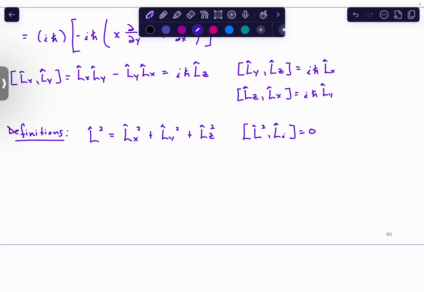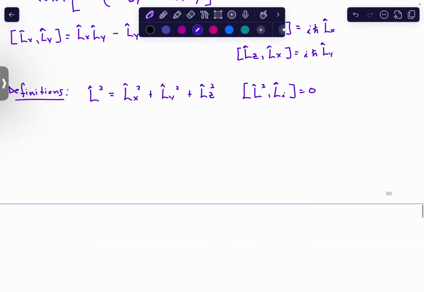Remember we're looking for our z direction of behavior in that direction. So let's look at L squared commuting with Lz. This is going to expand into Lx squared, Ly squared, Lz squared, commuting with Lz.